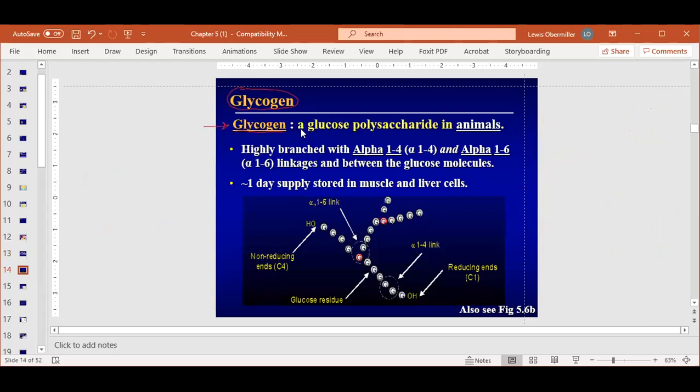Okay, so glycogen is a glucose source that's found in animals. So remember, starch is plants. And we talked about the kinds of starch: amylose, which is straight chained, and amylopectin, which is branched. So make sure you know that. In animals, we use glycogen.